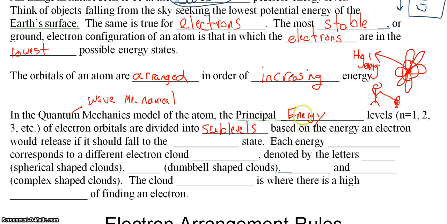Now think of this like your house. So I'm going to draw a little picture here. This is your house. Now in a house you have different floors usually. So you have your first floor, your second floor, and an attic. That would be like the energy levels. Now on each floor of your home, maybe you have a couple different rooms, right?